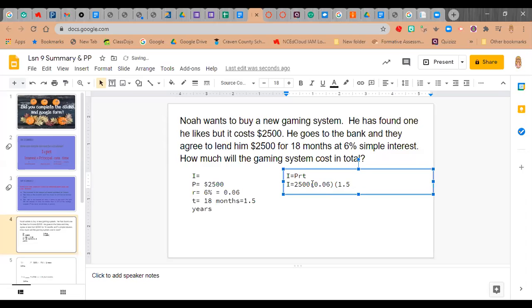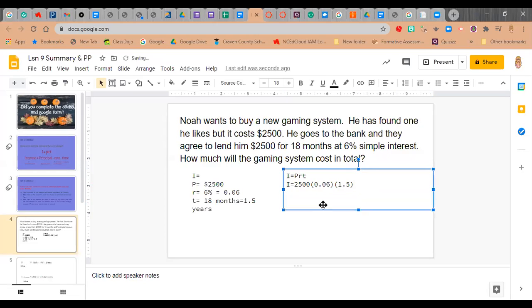Now, between the P, the R, and the T is multiplication. So now I want you to take out your calculator and multiply those 3 numbers for me and tell me what you get. Okay. I got 225. 225, okay.